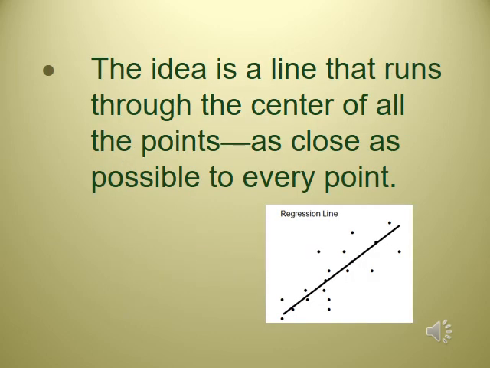What's literally going on is if you picture your scatter plot with all those dots showing how when one thing changes, the other one does too. If you drew a line right down the center of where all those dots are, that's the line that is like the average that we're going to use to estimate. You're finding a line that's as close as possible to every single point in that set.